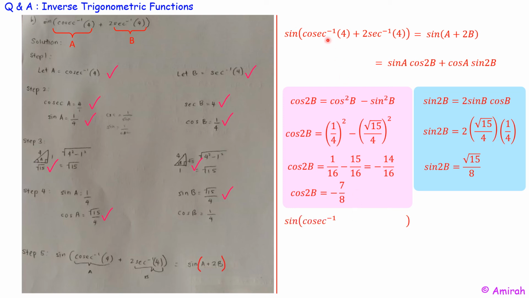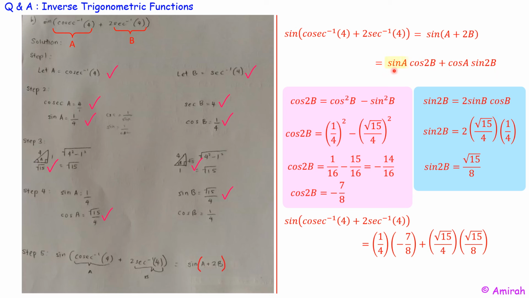Now we're back to the given question. We want to find sin of inverse cosec 4 plus 2 inverse sec 4. And then from here, we get sin A cos 2B plus cos A sin 2B. Okay, so we can replace the values of sin A, cos 2B, cos A, and sin 2B.